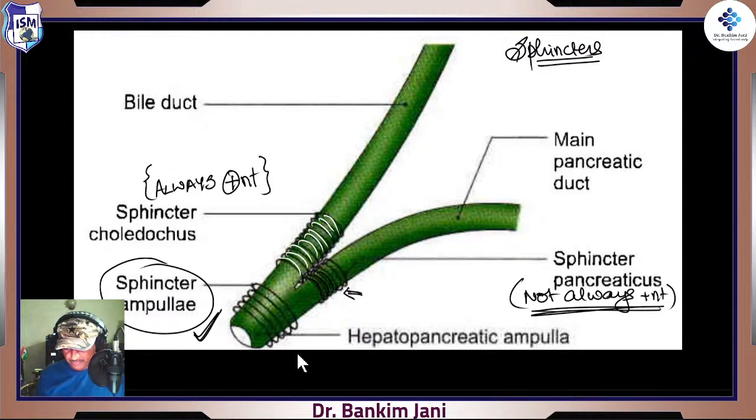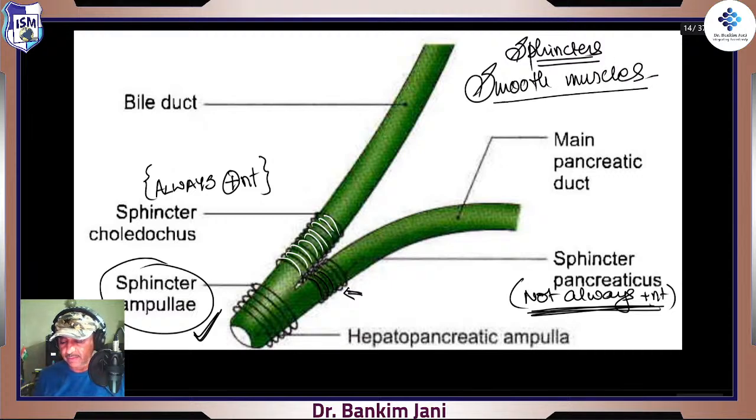Pancreaticus present or absent, right? So not always present. And yes, all these are smooth muscles, correct? These are smooth muscles, because after eating butter we don't really tell our digestive system, okay, butter is coming, so open up, right? We don't say that.